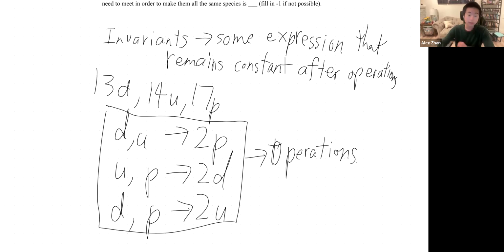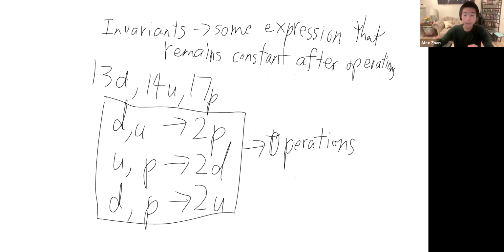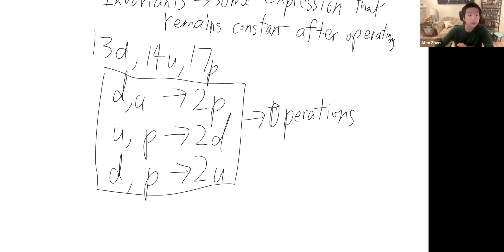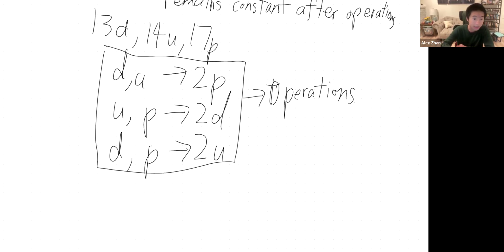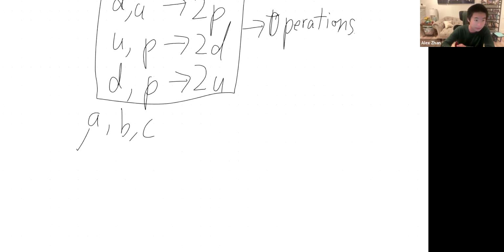Okay, so now we want to find an expression that remains invariant. Let us say we have A, B, and C, where A is the number of dragons.